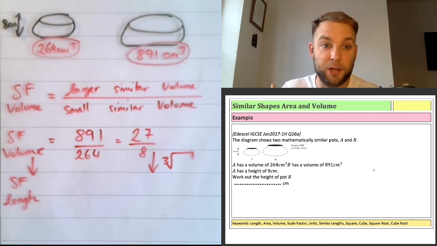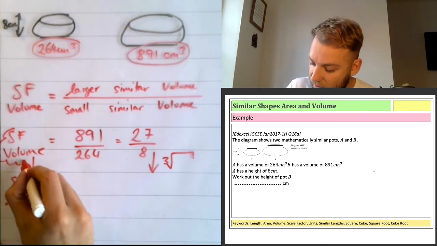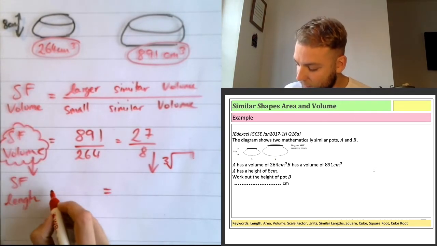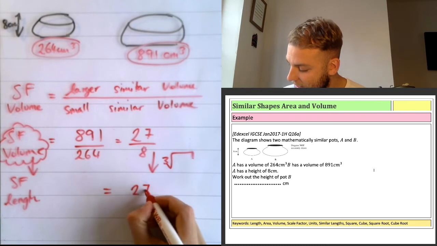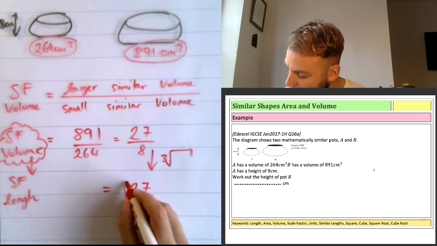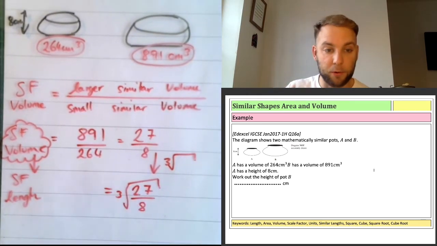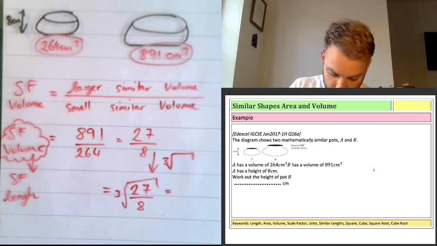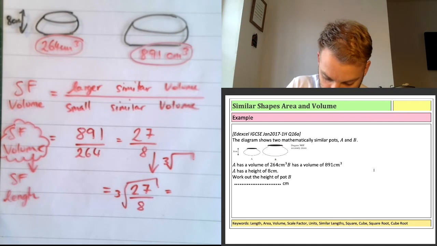Now this is where it's a little bit trickier, because here I know the scale factor for my volume. So my scale factor for my lengths is going to be 27 over 8 cube rooted, because I'm working backwards. You press shift, cube root.